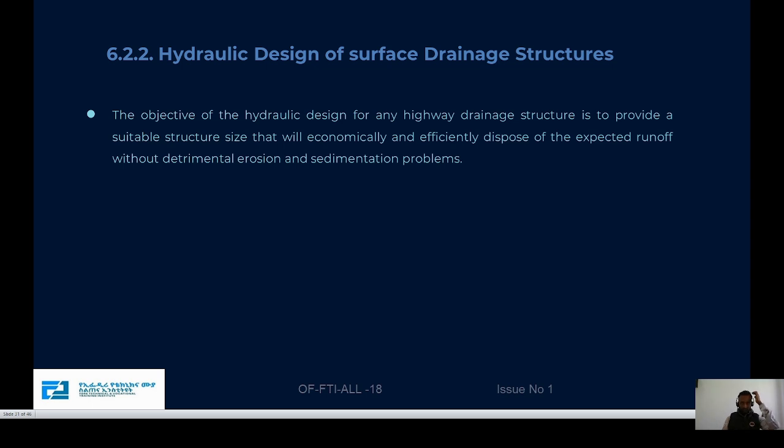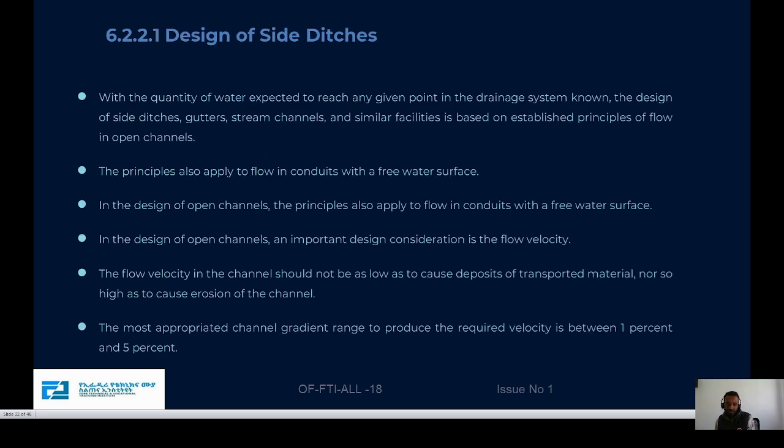And also a very important part in this section, part 2, is the hydraulic design of surface drainage structures. The objective of the hydraulic design of any highway drainage structure is to provide suitable structural sizes that will be economical and give effective disposal of the expected rainfall, without erosion or sedimentation problems.